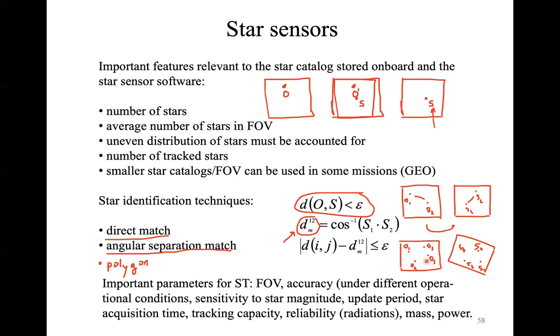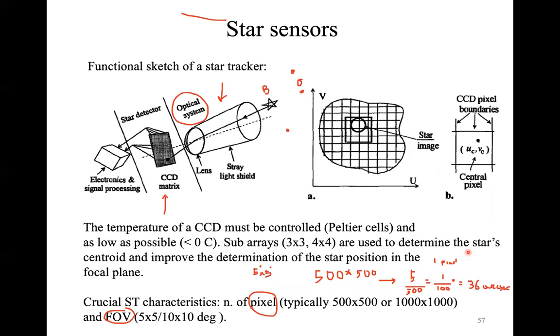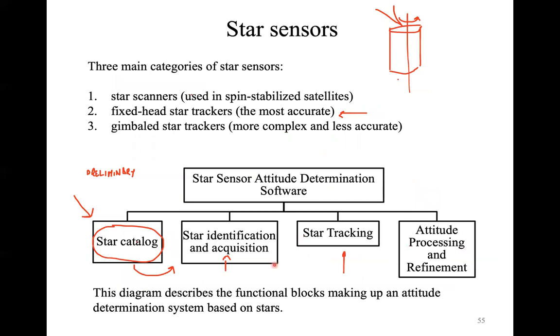This first operation is important because once you know that those stars are in your field of view, you can use these stars to track those celestial bodies during the evolution of the spacecraft attitude. That's the reason why, after the star identification and acquisition, we have the star tracking.